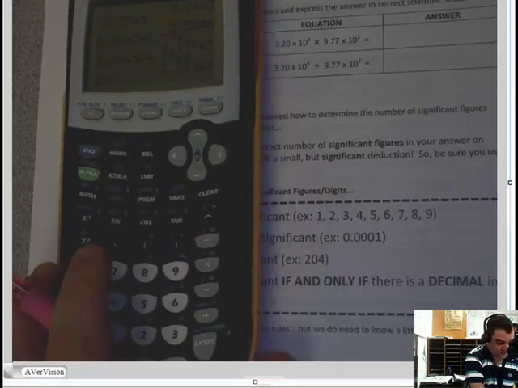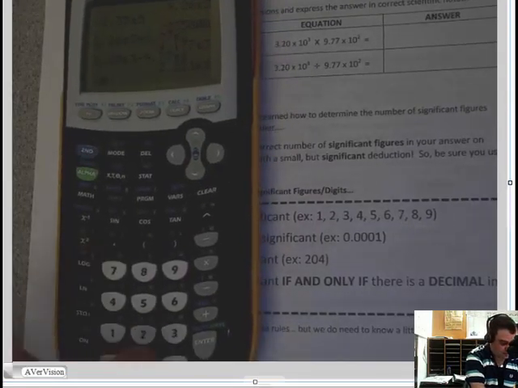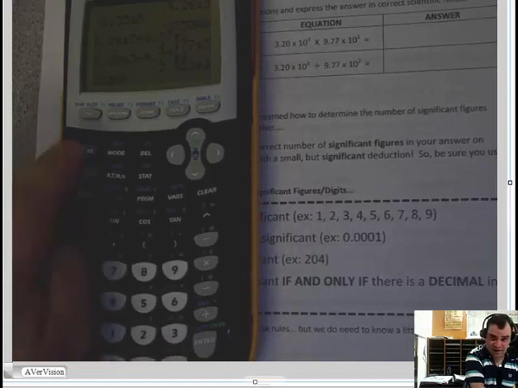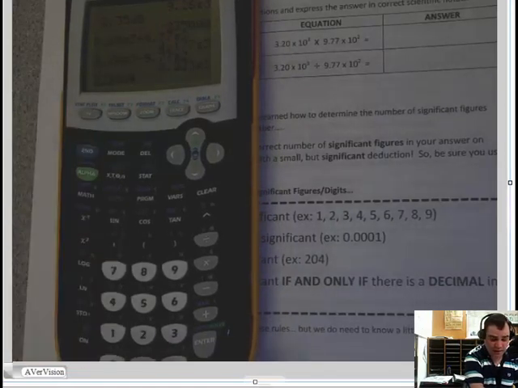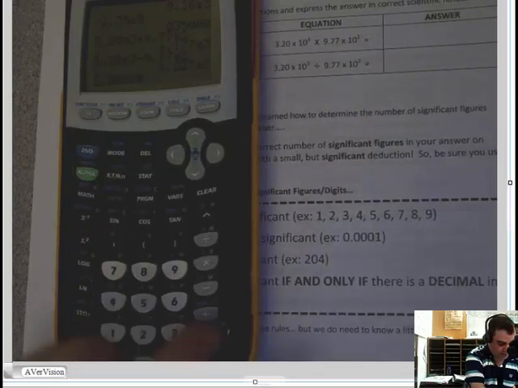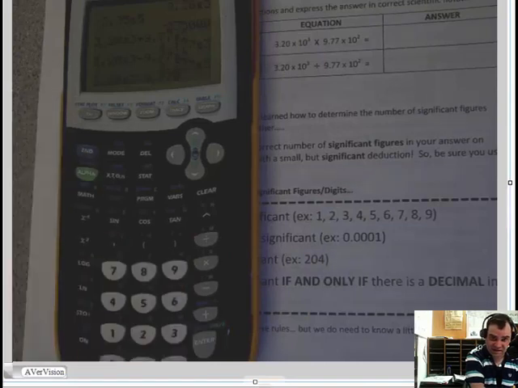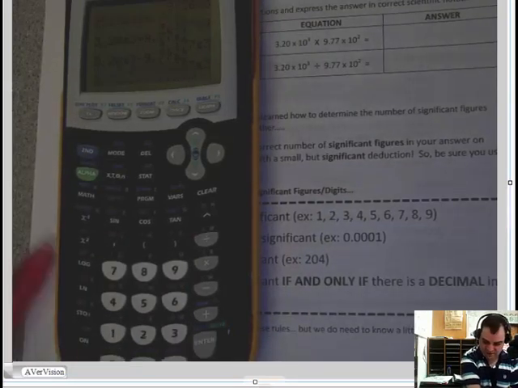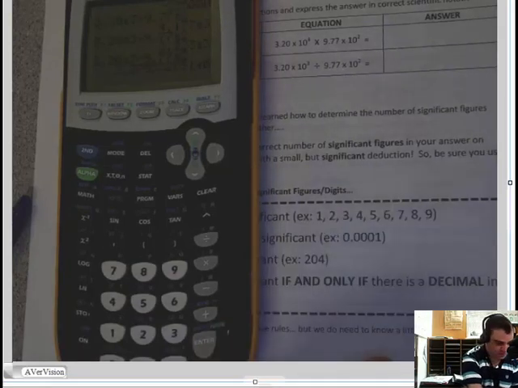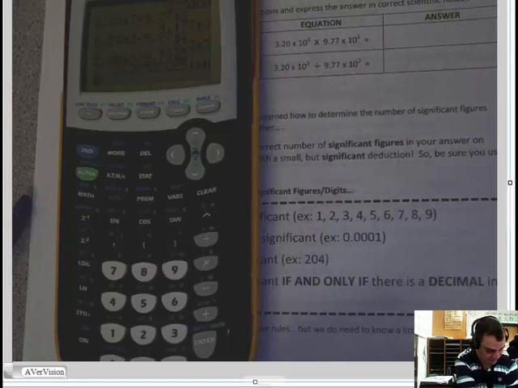The next one. 3.20 second E3 divided by 9.77 second E2. And I divided on that one, so I actually did the bottom one first.